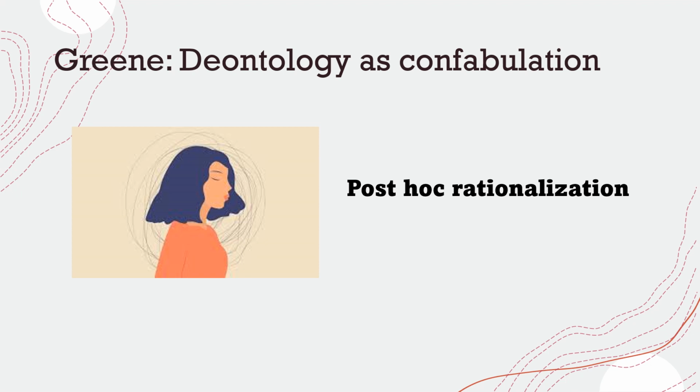They're not adding anything to them, they're just rationalizing our affective reactions when we say something cannot be done, something must be done. And so we use terms like rights and absolute terms like that to rationalize what we mean when we have these emotional responses. All we're doing with deontology is confabulating, telling stories to justify our emotional reactions, which he doesn't believe, as we saw, are ultimately justifiable.